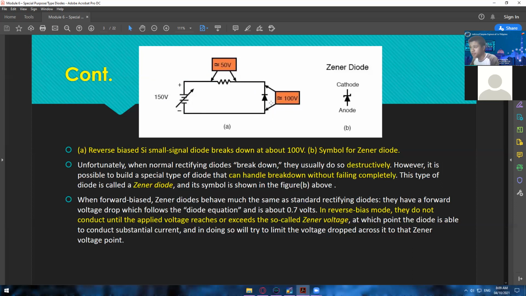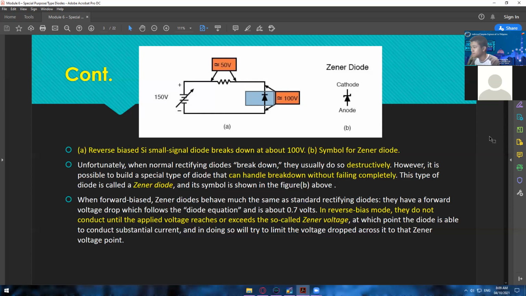But to differentiate a normal diode from a Zener diode, we have this symbol, or icon, for a Zener diode. There is an additional line right here and another line right here. So if you see this, this one is a Zener diode, and this one is just a normal diode.